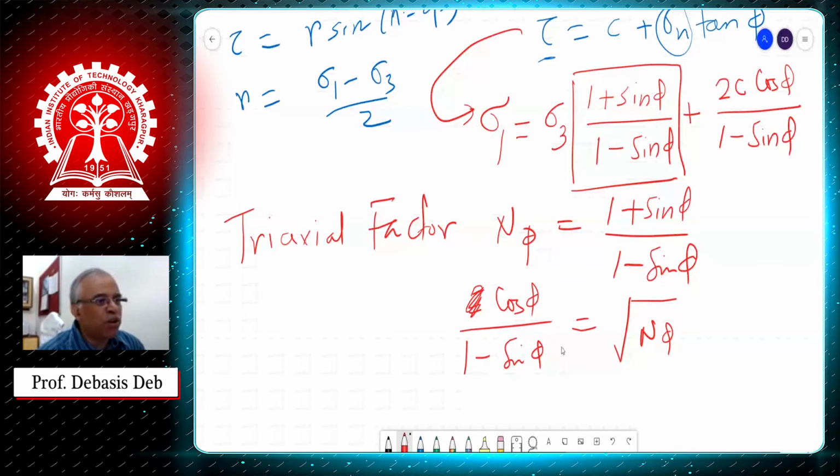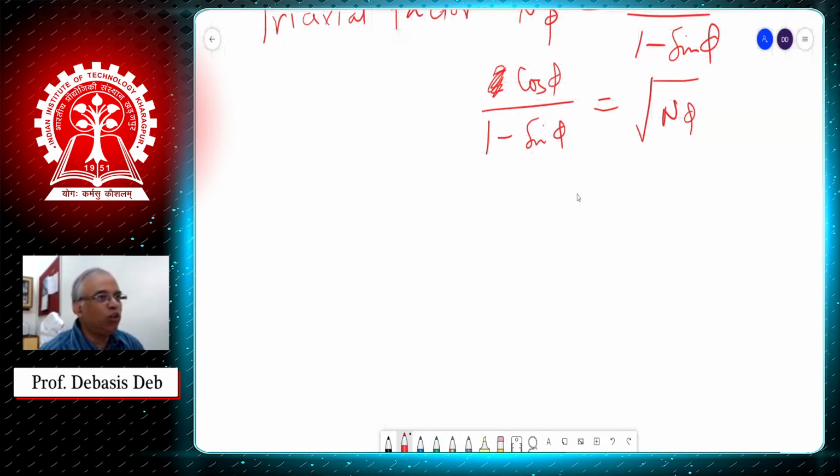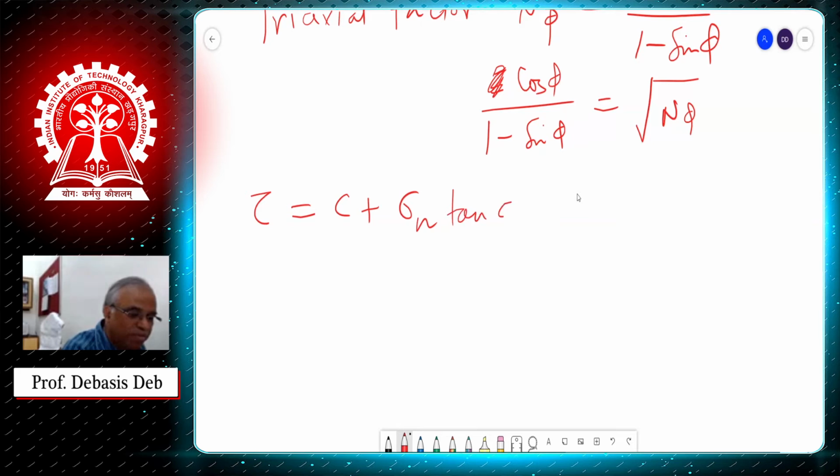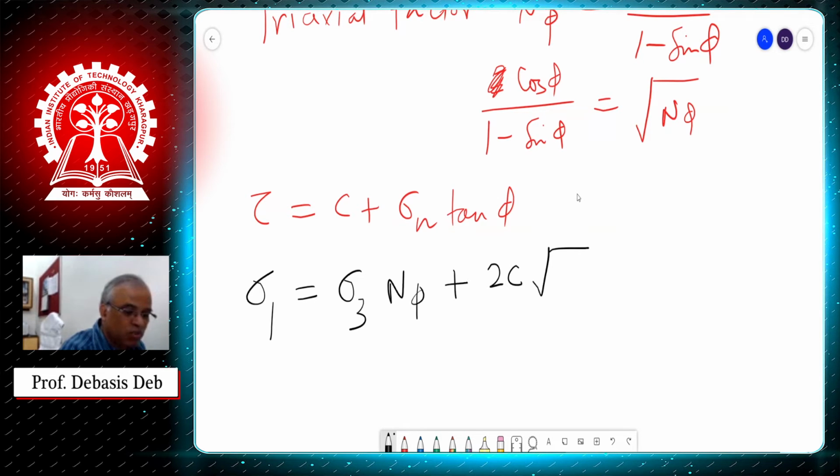So the above equation, I am writing those equations again and again so that it goes to your mind. My equation was tau equals C plus sigma tan phi. And now I have converted it: sigma 1 equals sigma 3 N phi plus 2C square root of N phi.